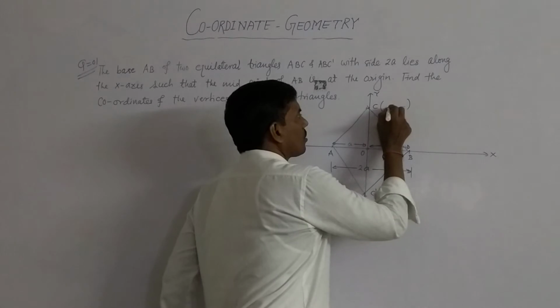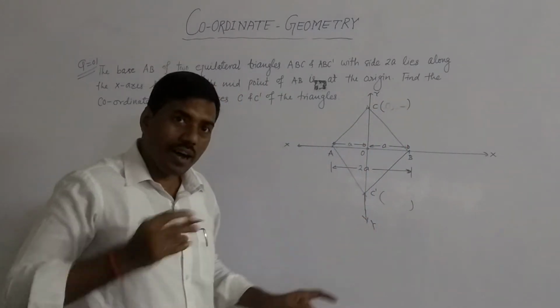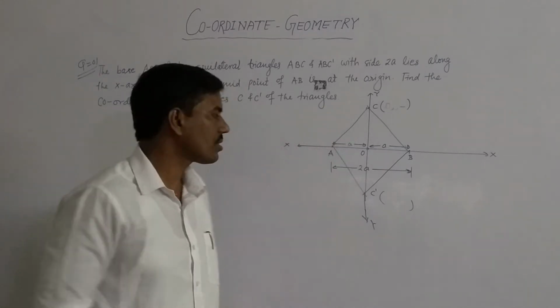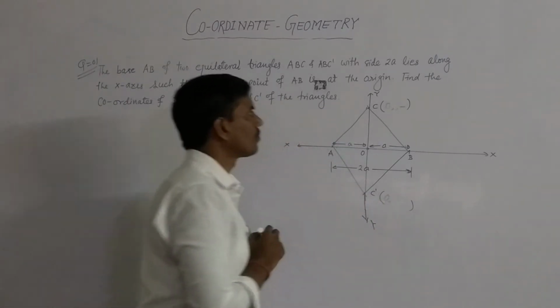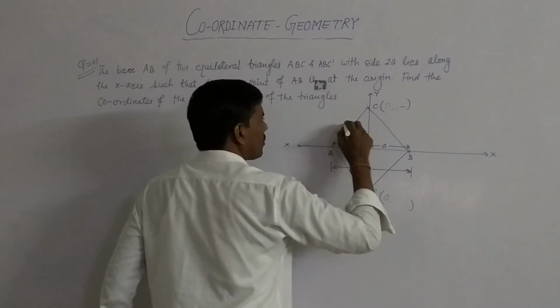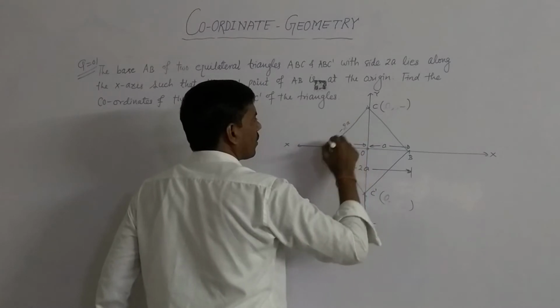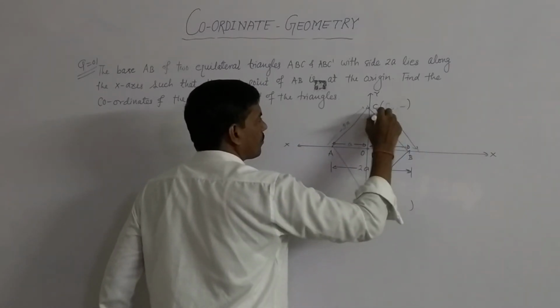So the x coordinate of C is 0. And C dash is also lying on the y-axis, so its x coordinate is 0. Clear? The measurement of AC is 2a, and this one is also 2a.